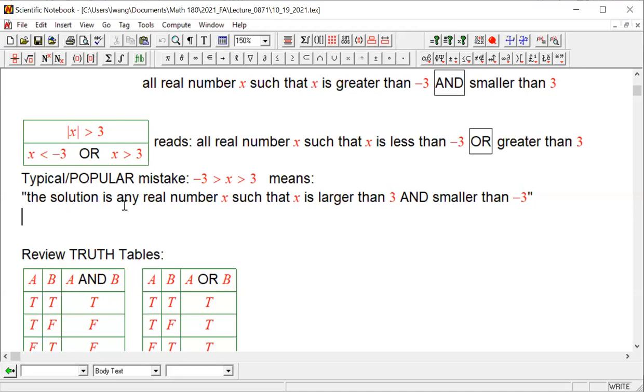That's why I'm asking you to read what it means. In this world, is there a number that's larger than 3 and at the same time less than -3? It doesn't exist.